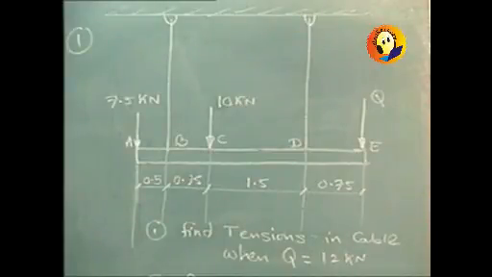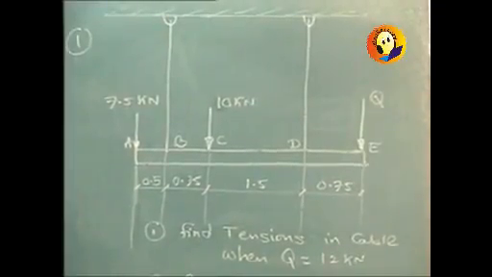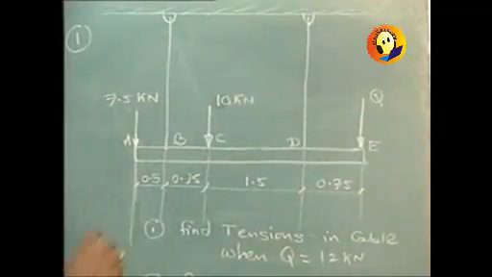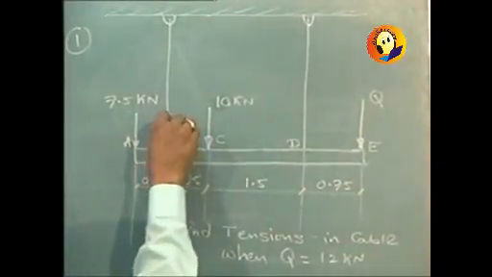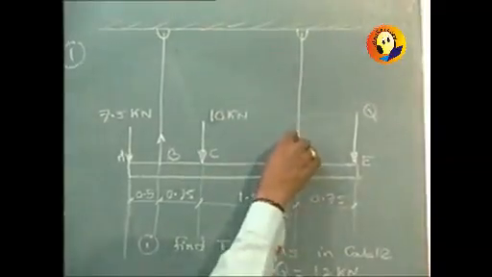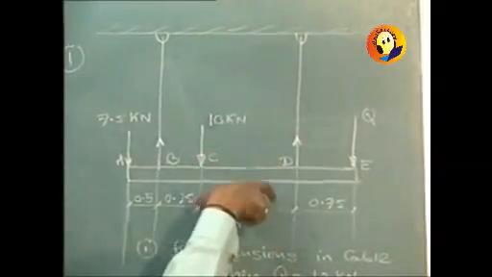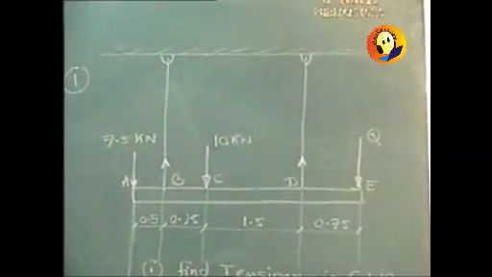That means you can only pull the cable. There cannot be a compressive load. So ultimately these two cables are going to result in upward forces, because they are required to support the downward loads present on the beam, and these two tensions are likely to be different.